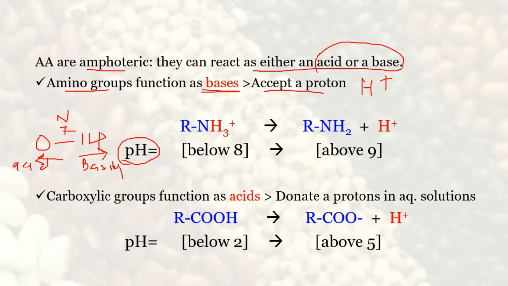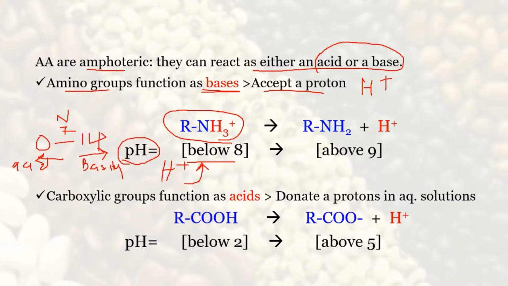When the pH is below 8, the amino group is going to be charged. This is because below this, where we have acid, we have an increasing concentration of hydrogen ions, and therefore it is going to accept the hydrogen ion so that it is NH3 plus.